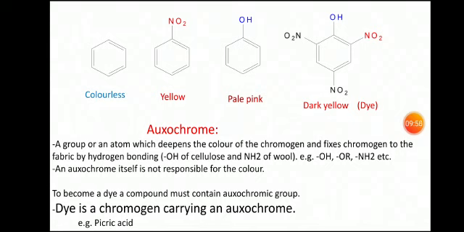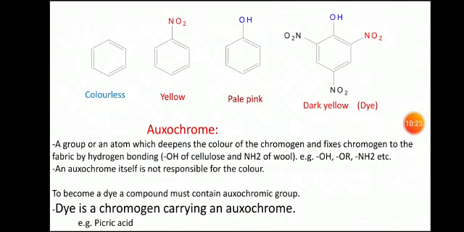Now take a compound like picric acid, where 3 NO2 chromophores and 1 oxochrome are there. This compound is dark yellow colored, and it can be used as a dye because the OH group attaches to the fiber.